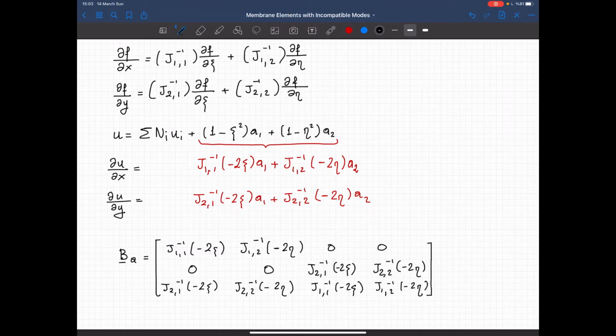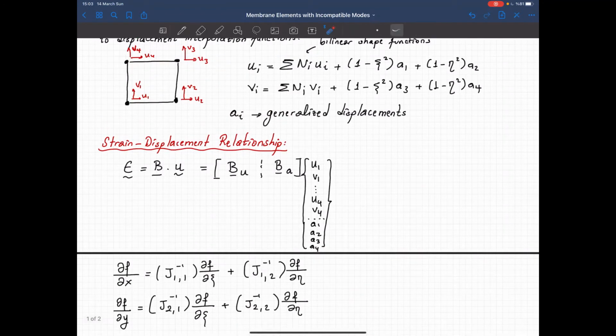And this would be the B matrix, so we add it to the end of the B matrix.